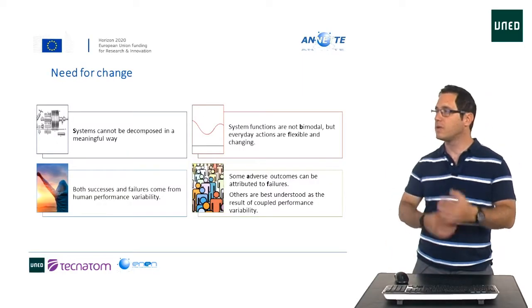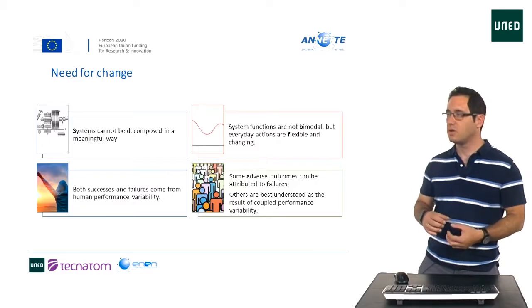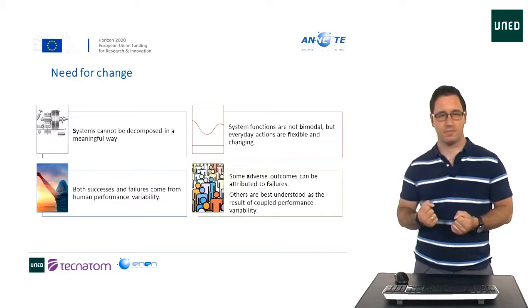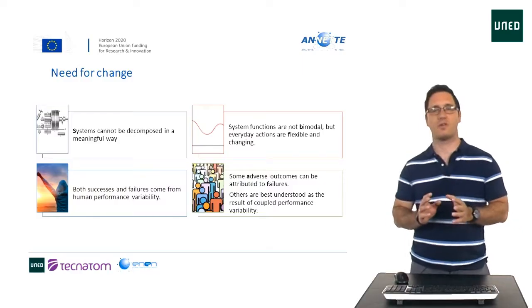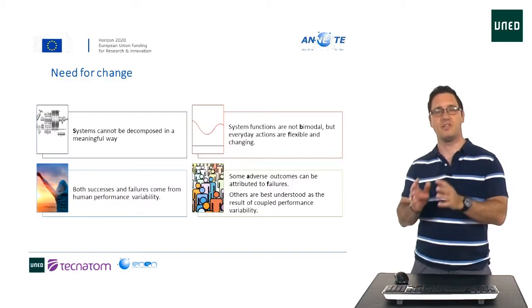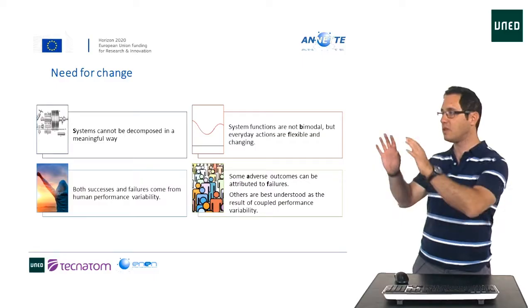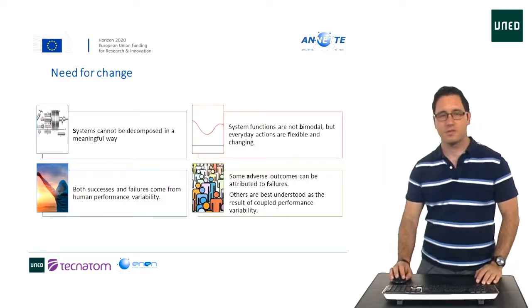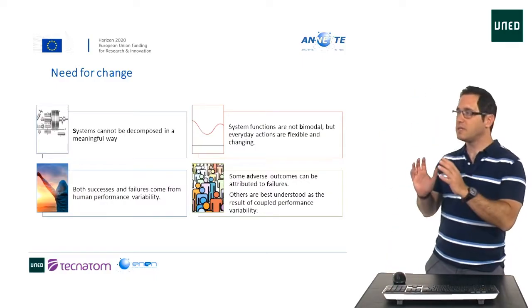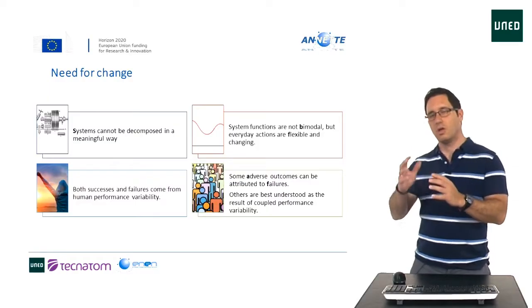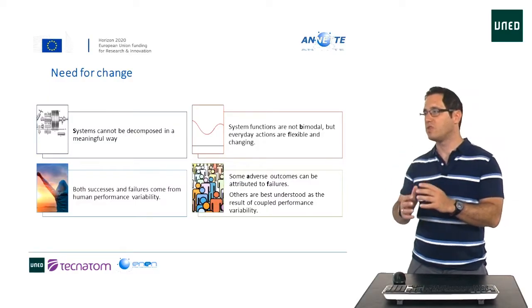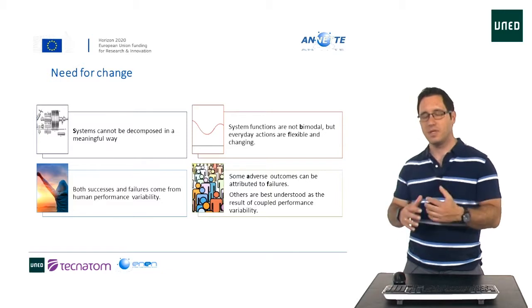So we can recap. And the question is, why do we need to change? The premises for safety management in today's industrial world can be summarized like you can see here. First, Safety One is based on systems that can be decomposed in a meaningful way.